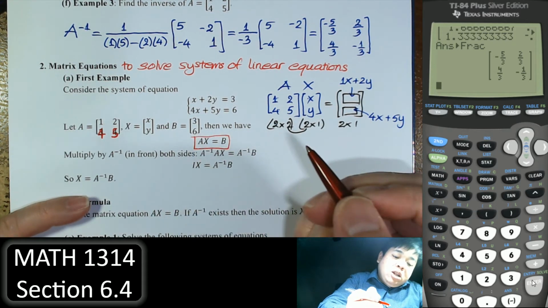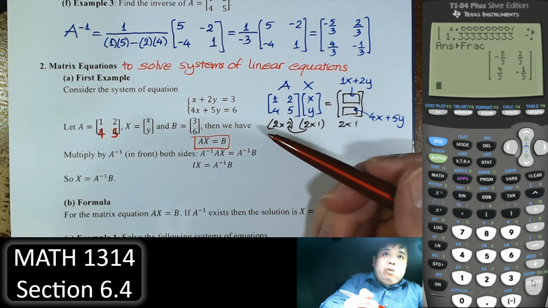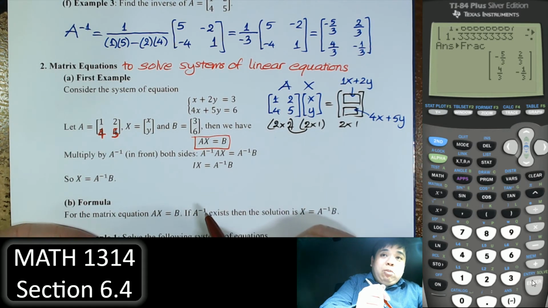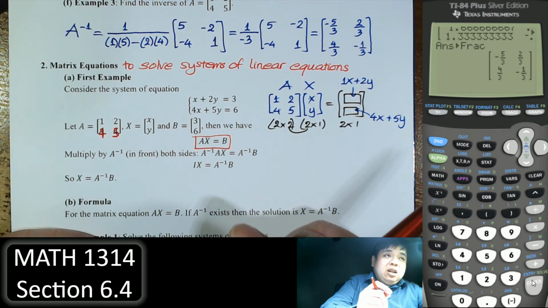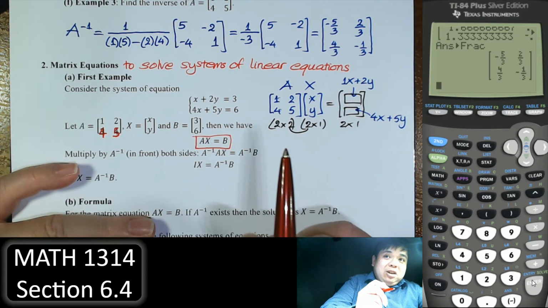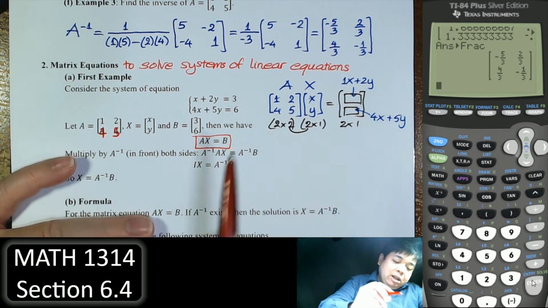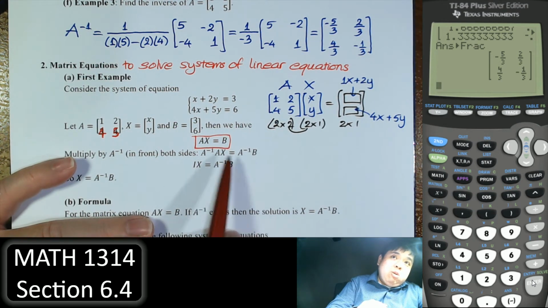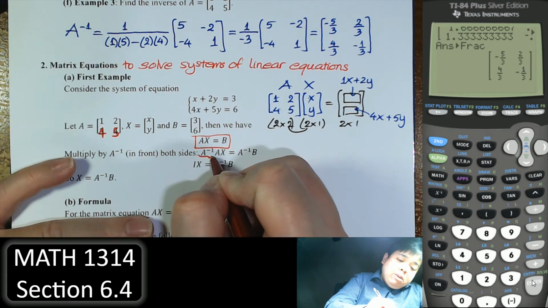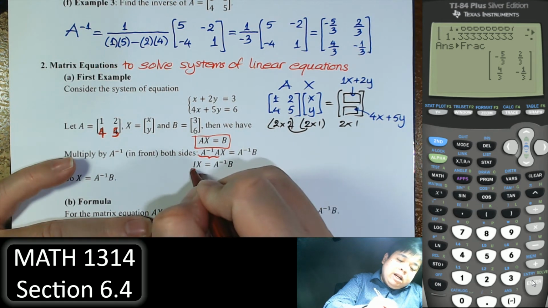From this matrix equation, if we want to solve for x, if it is a number, we divide by A on both sides. The only problem here is in matrices there is no division, but we do have the inverse, and that's what comes into play. If we multiply the inverse on both sides, the inverse matrix times the matrix itself is going to be the identity matrix.